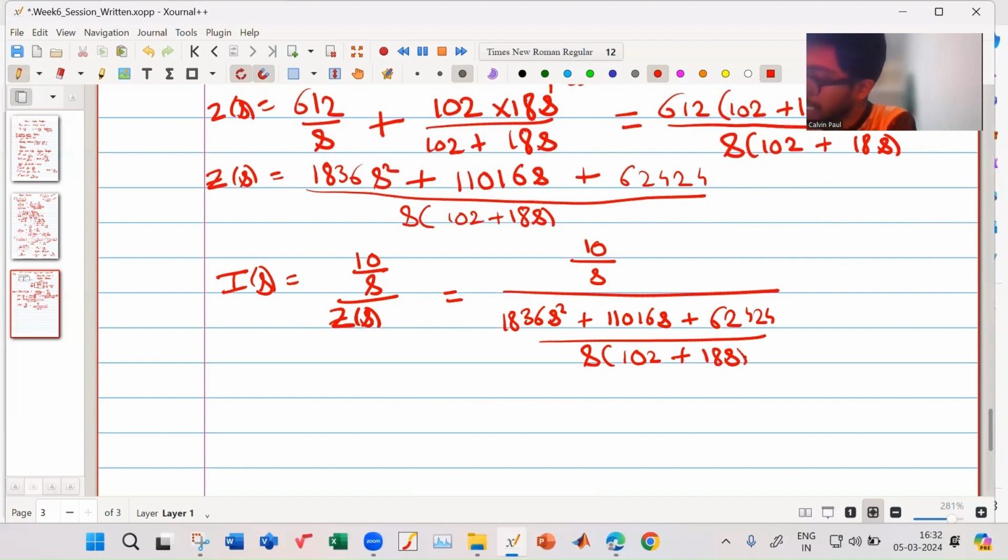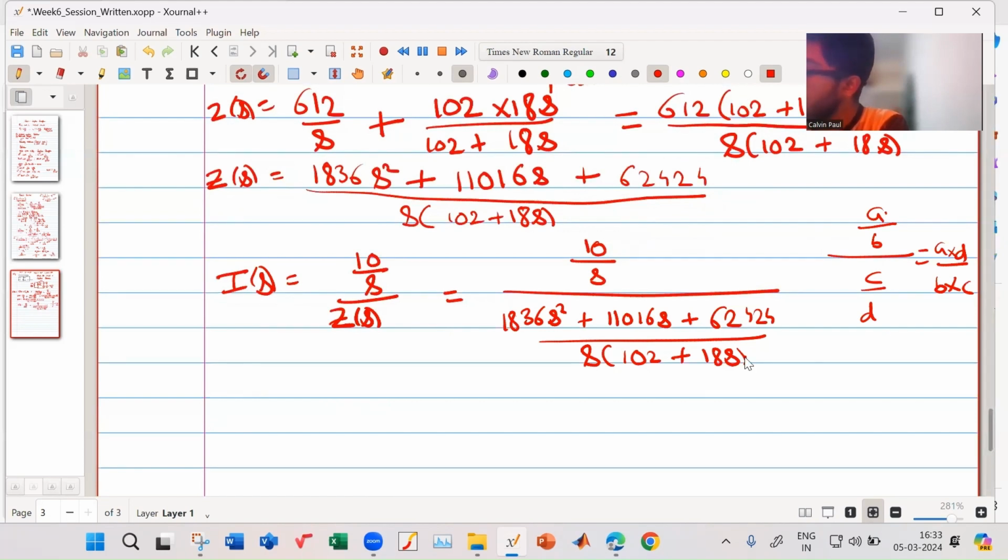Now there is a property when these are fractional elements. Suppose there is A upon B divided by C upon D. This can be written as A into D divided by B into C. So the numerator remains at the numerator while the denominator of the bottom one comes to the top, and this denominator comes to the bottom.